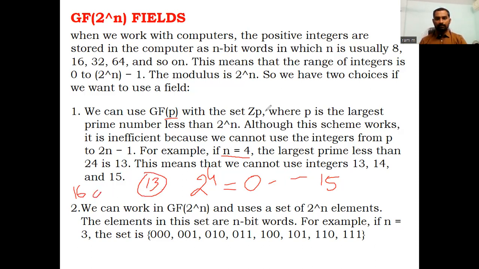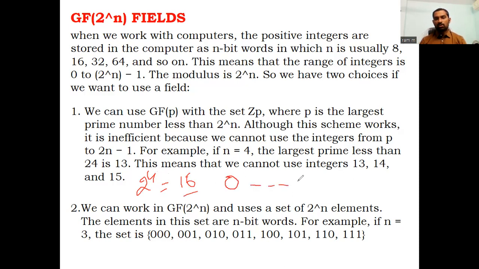I'm writing again. For example, if I take n is equal to 4, 2 power 4 is equal to 16, and the values I will consider are from 0 to 2 power n minus 1, so 0 to 15.